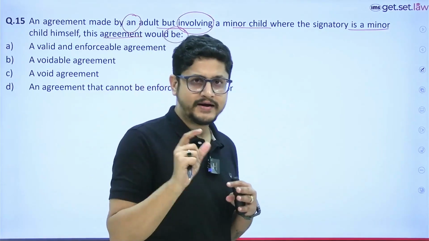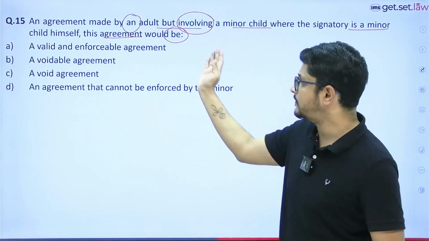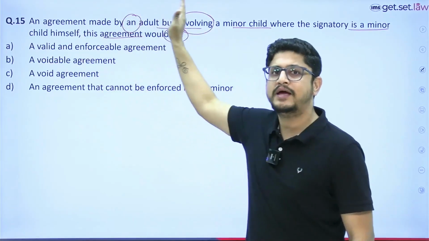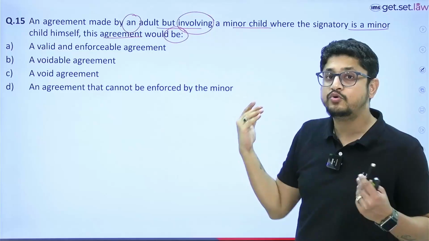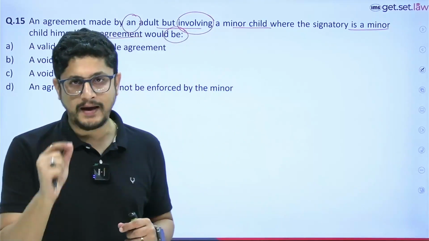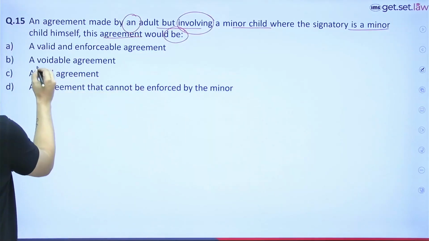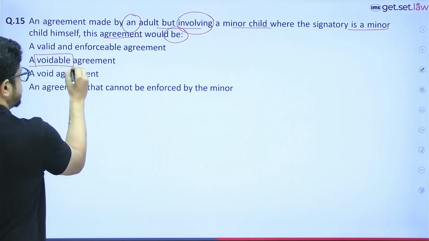Making a minor a participant in a particular agreement may make it void. So the initial part makes it valid, and it may become void. That is what we need to understand in context with the paragraph. It says it is valid or void, so it will become a voidable agreement.